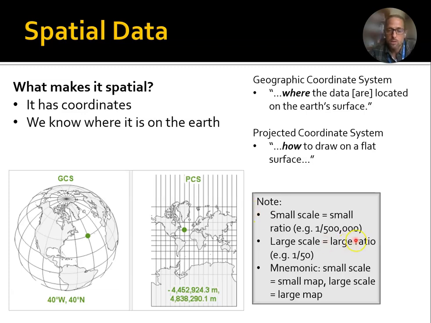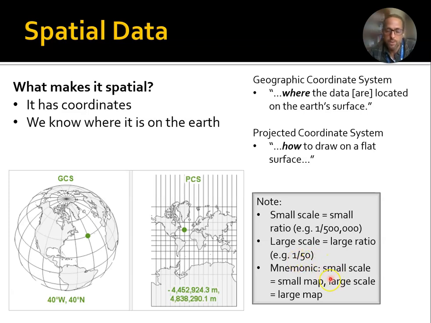Just a couple notes about scale, and this is really important to understand and be conversant in. A small scale is a small ratio. So a 1 to 500,000 scale means 1 inch on a map represents 500,000 inches in the real world. A large scale would be a larger ratio, like 1 to 50, which would be 1 inch is 50 inches.